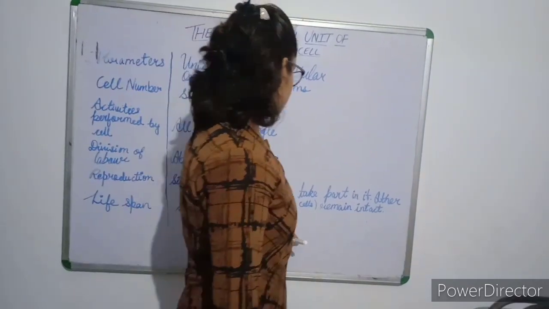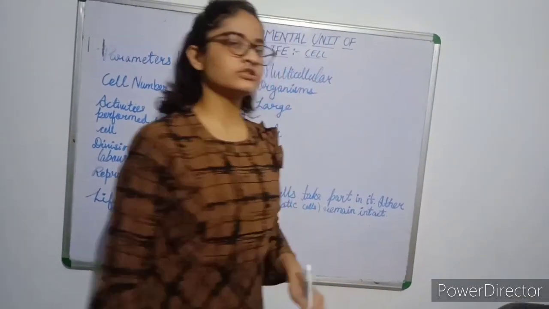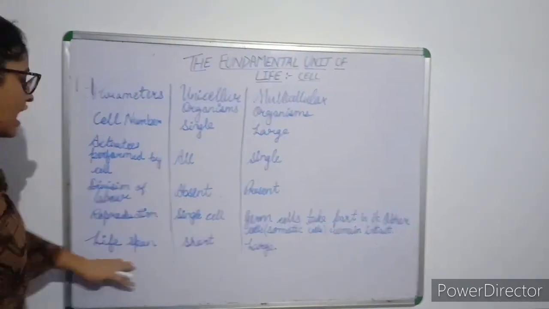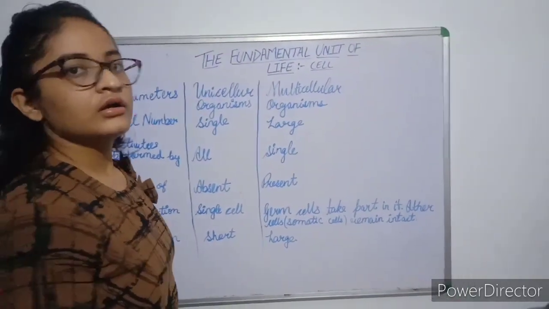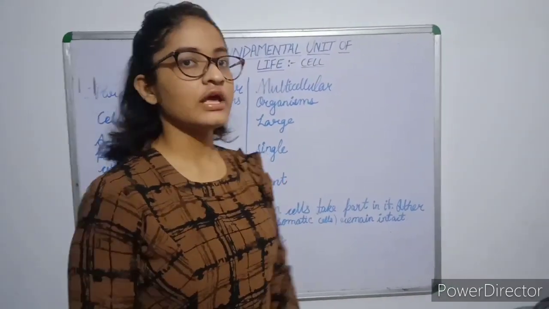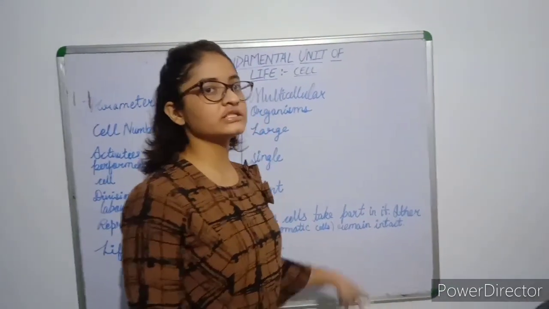The other cells, called somatic cells, meaning bodily cells, remain intact in that state. And what about lifespan? Lifespan in unicellular organisms is short, and in multicellular organisms it is long.